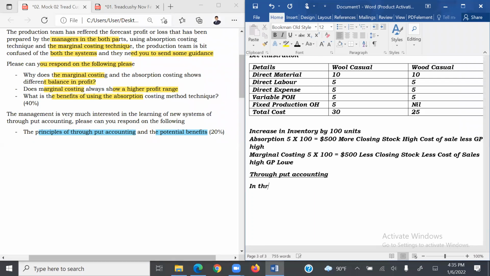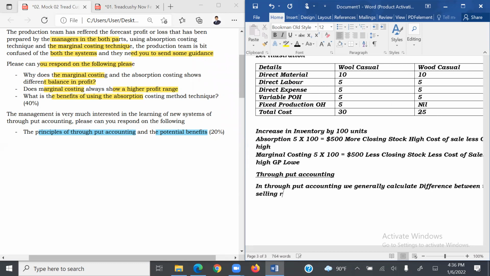In throughput accounting, we generally calculate the difference between the selling price and the direct material cost.